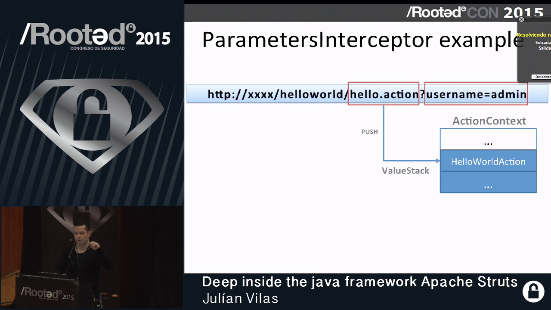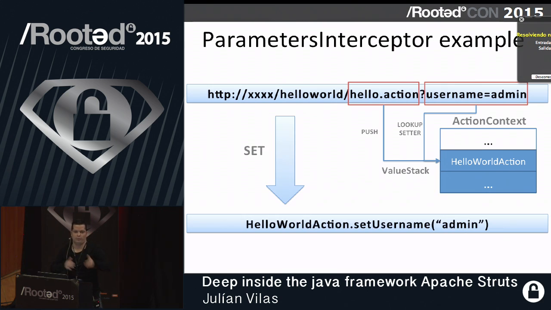The parameters interceptor processes the parameters. Okay, so the method is going to be hello where action.setUsername(administration). In this very case, the HelloWorldAction has this method setUsername, and it is going to call the method setUsername in the package name.